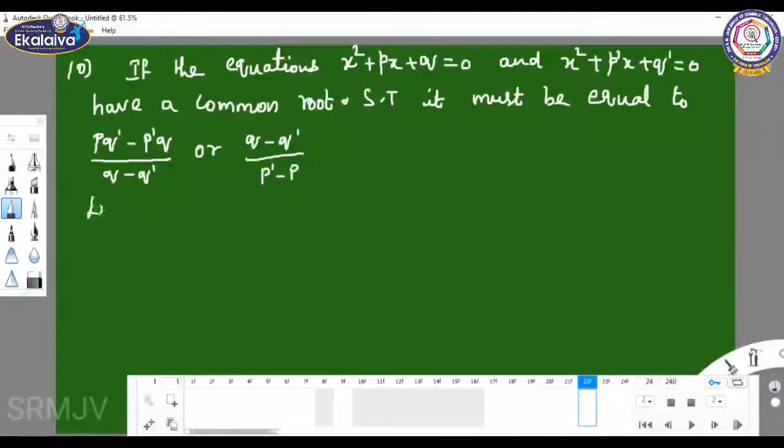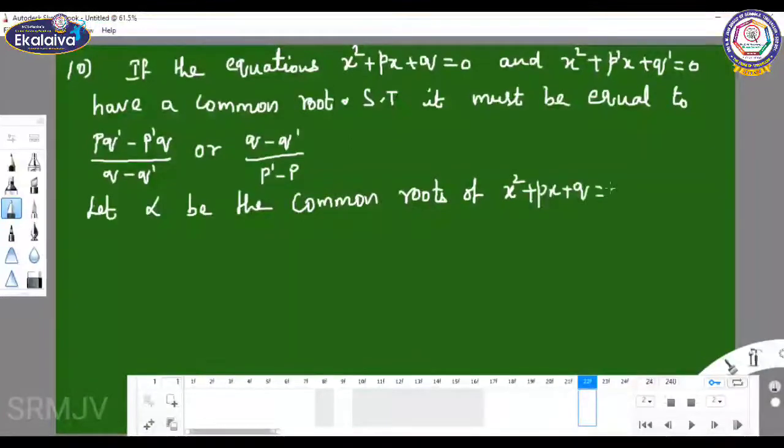Let alpha be the common root of x square plus px plus q equal to 0 and x square plus p dash x plus q dash equal to 0.